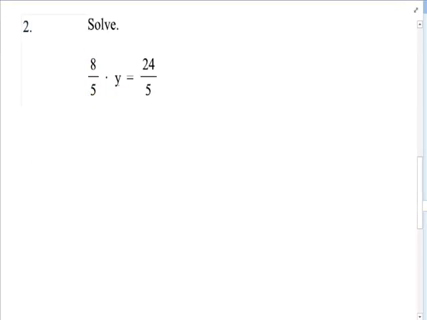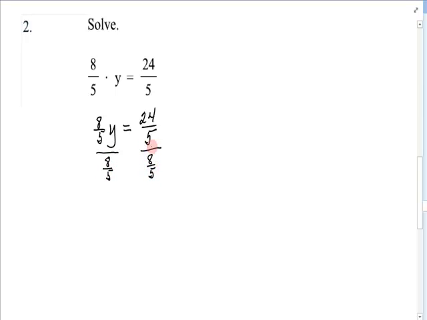I have 8/5 y is equal to 24/5. All right, 8/5 y, and I don't have to put the dot. It can be what we call implied, is equal to 24/5. All right. 8/5 is being multiplied by y, so I'm going to divide by 8/5. I know that looks a little strange.